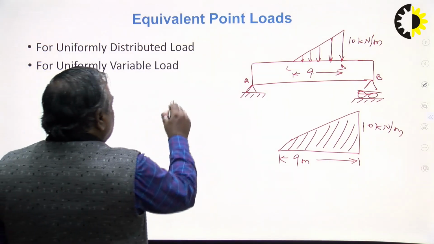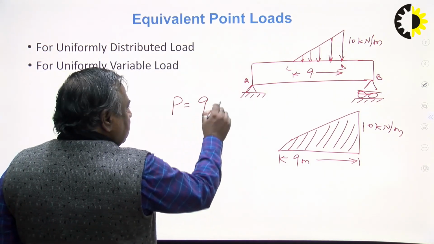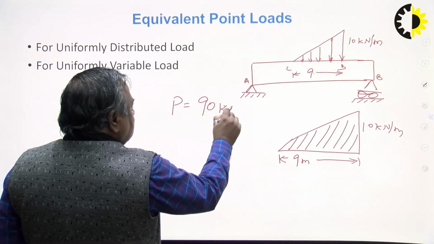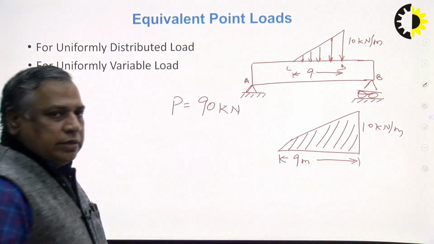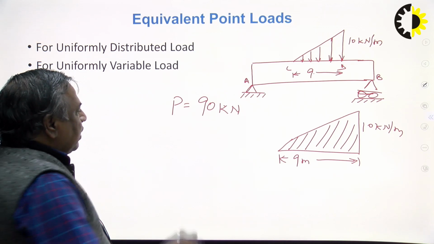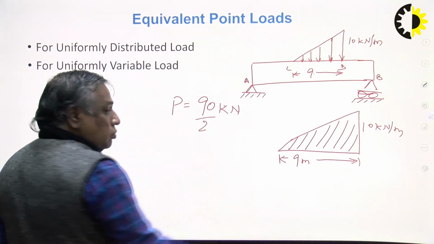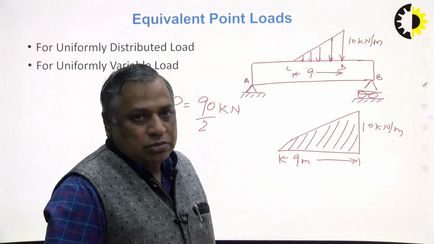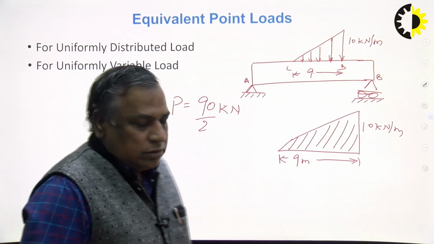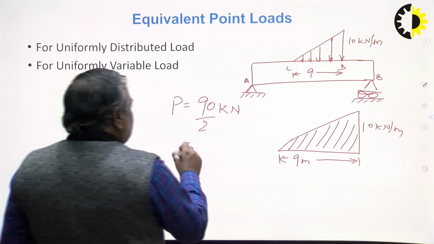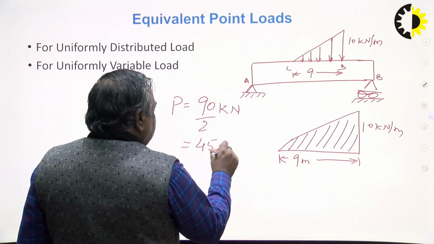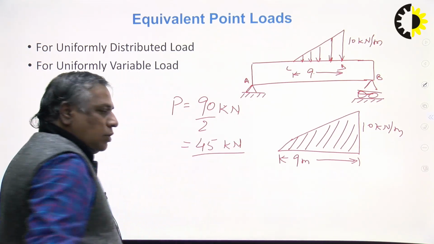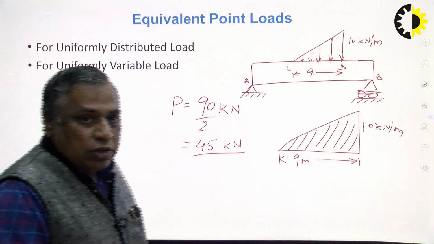So P is equal to 10 multiplied by 9 divided by 2. Area of a triangle is half times base into height. So it will be 45 kilonewton. 45 kilonewton is the equivalent point load.